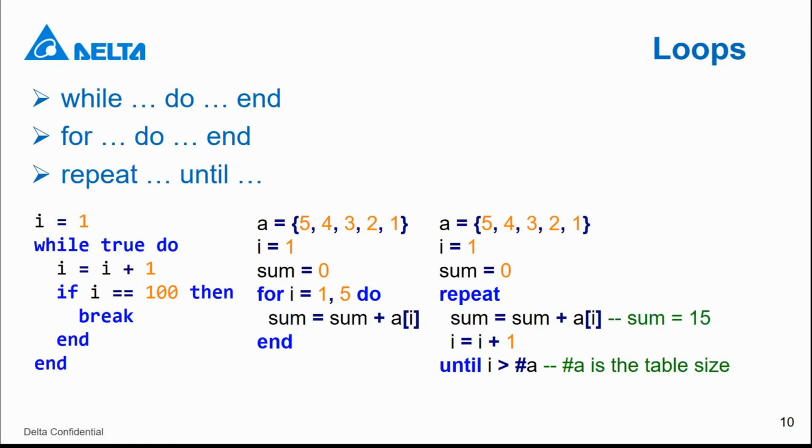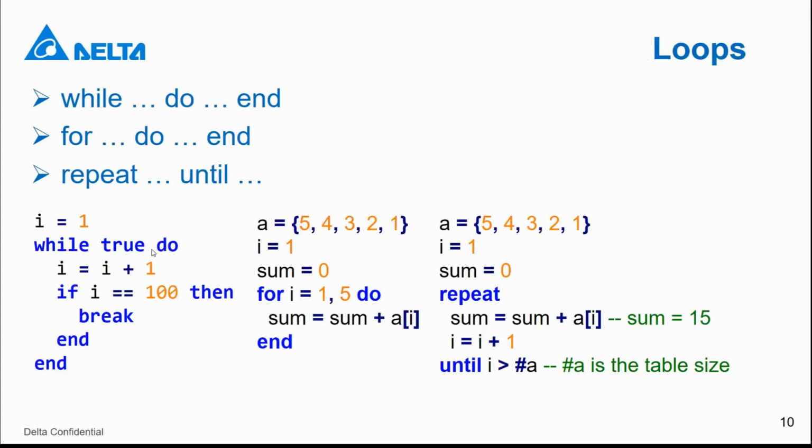And then next is loops. In the robot language, we have 3 different loops: while do, for do, and repeat until. You can see the 3 different examples here, but they do the same thing. First is while do. In the while, we put true.